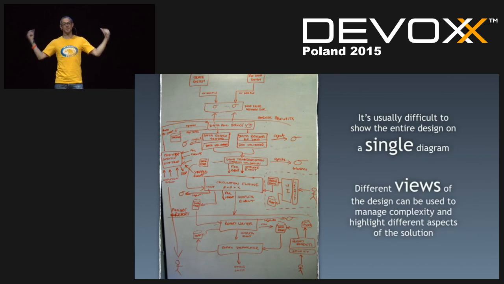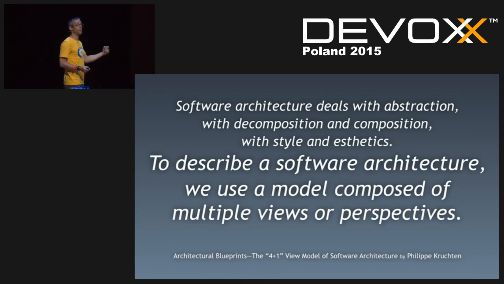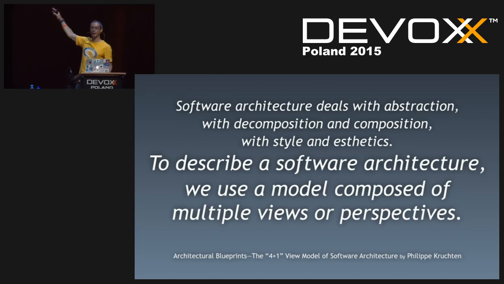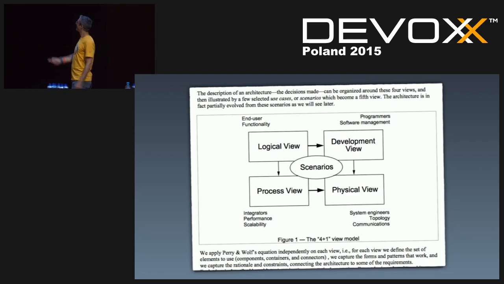This is the whole concept of views and viewpoints and perspectives that you read about in many of the architecture books. This is from Philippe Kruchten's 4+1 architectural model. He basically says this: to describe a software architecture, we use a model composed of multiple views or perspectives.